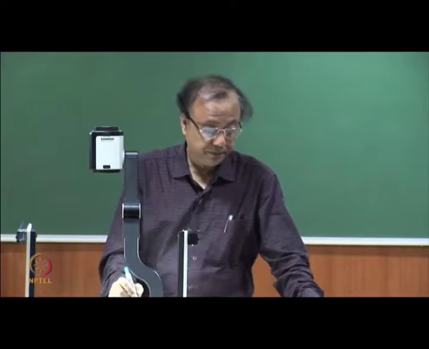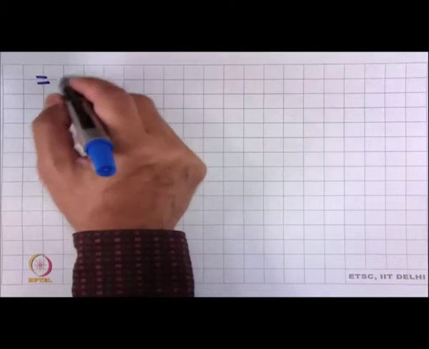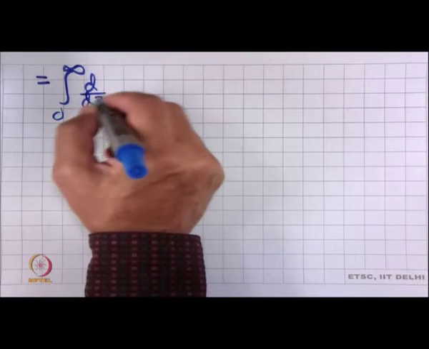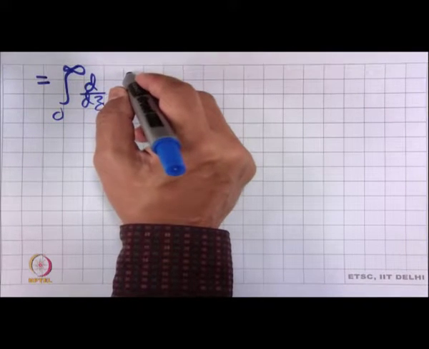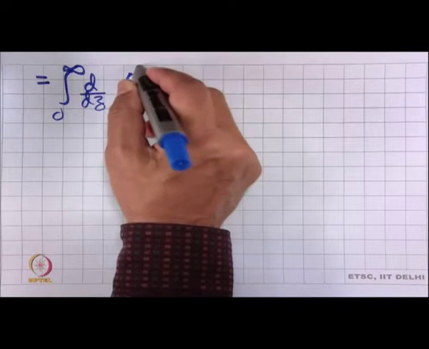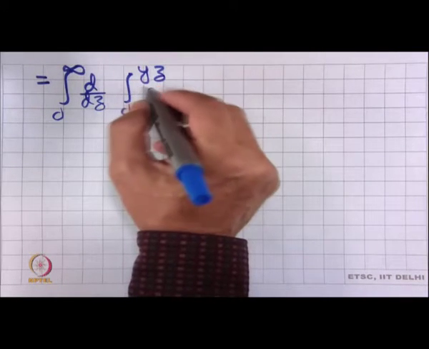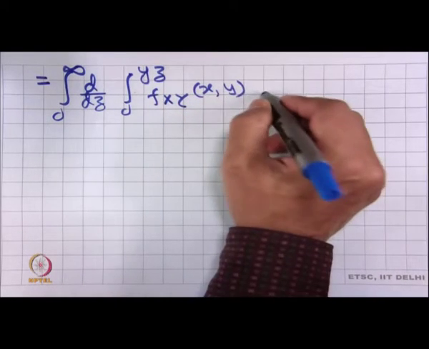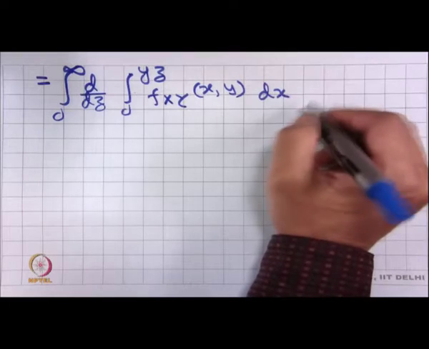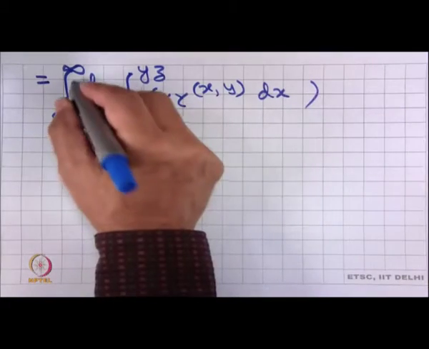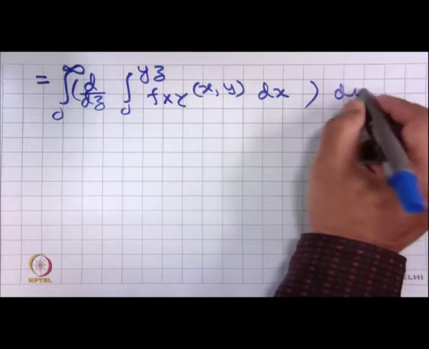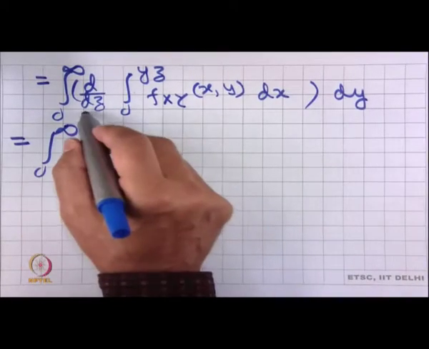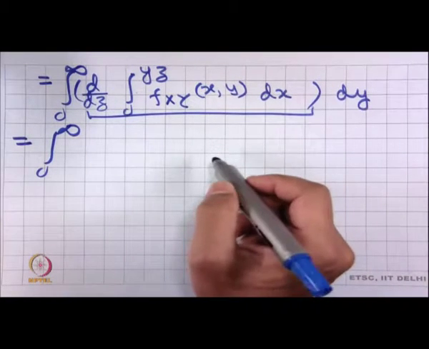Let me write it again: integral 0 to infinity, d/dz of the integral 0 to y z of f x y at x, y dx, the whole thing dy. Now, we are carrying out this differentiation.